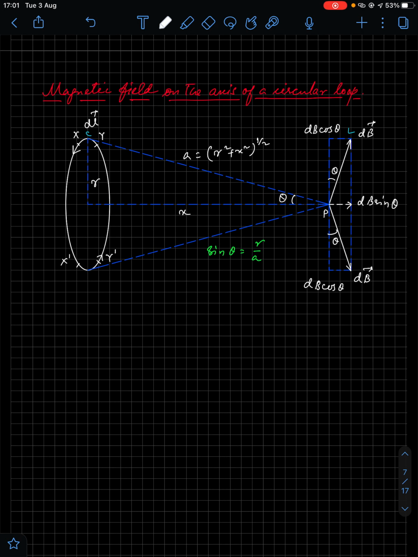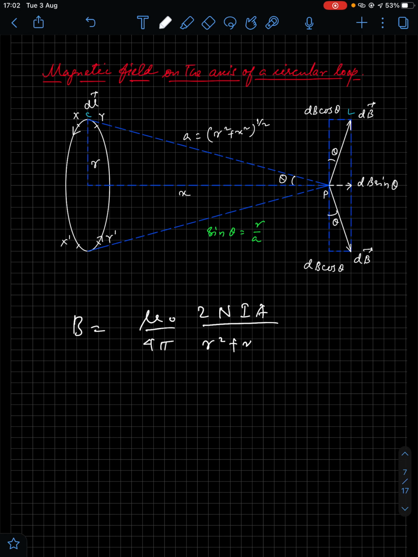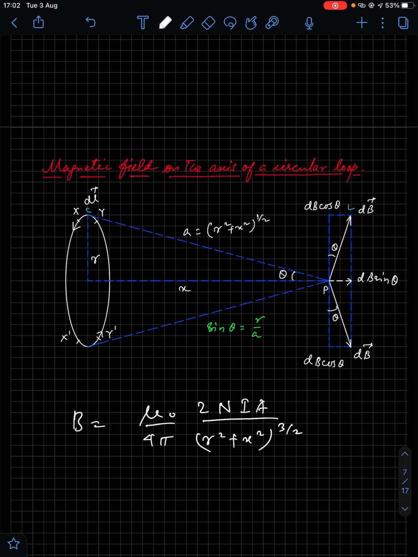So we come to the next relation, that is magnetic field on the axis of a circular loop. This is also derived by using Biot-Savart law. The final relation for this is B is equal to mu naught by 4 pi into 2 NIA divided by R square plus X square to the power 3 by 2. R square plus X square to the power half is A, this hypotenuse.